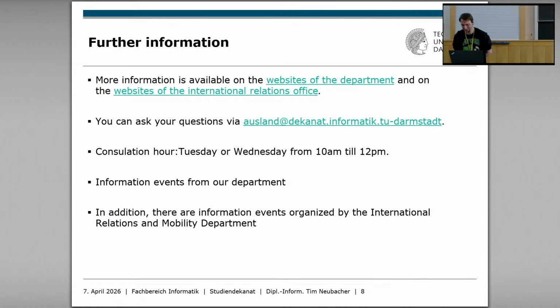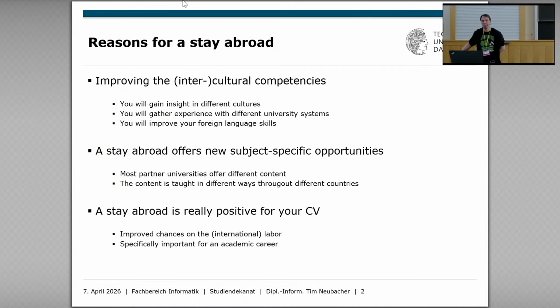If I'm an international student coming to TU Darmstadt, is it advisable to consider a study abroad period for me? It's possible. Depending on the personal reasons and situations, it might either be a good idea or not.